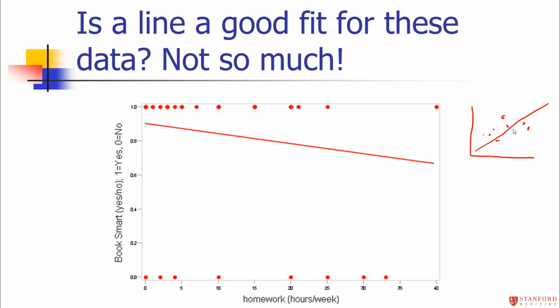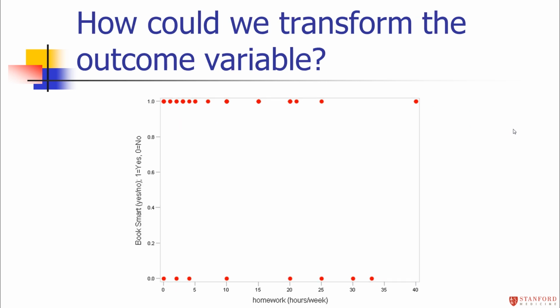Well, what do we do? Again, I told you we're still going to want to fit lines here. So how can we still fit a line, but do something other than linear regression? What we could do here is transform the outcome variable.